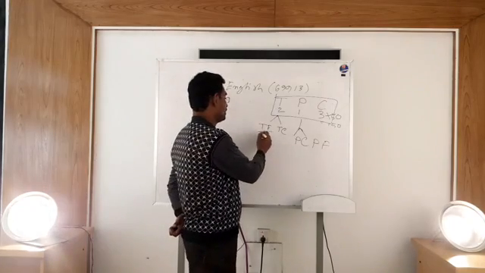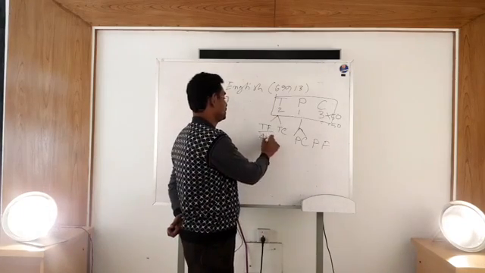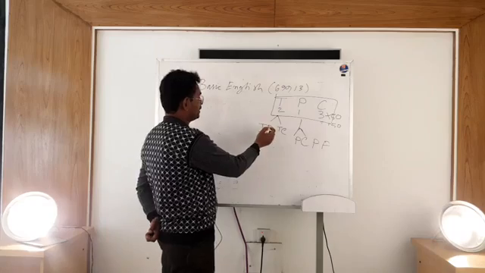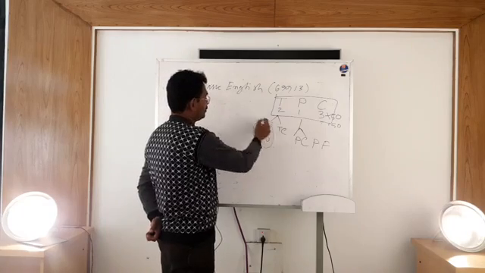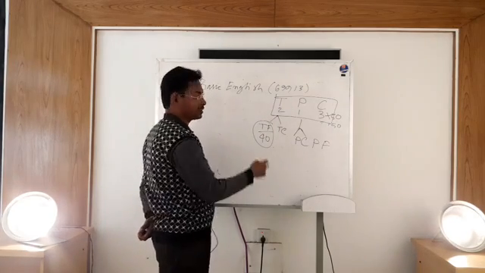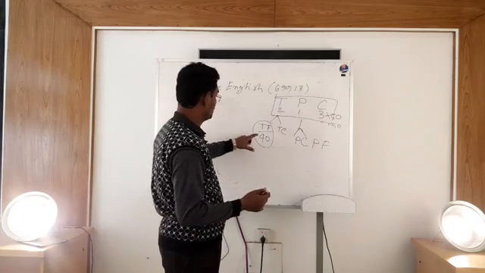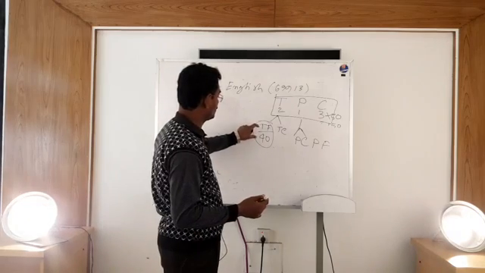Total theory final mark will be 40. That means the theory final exam will be held on 30 marks. Already I have discussed the semester final question paper.